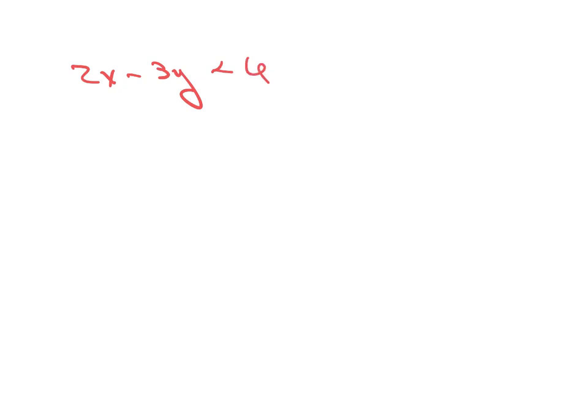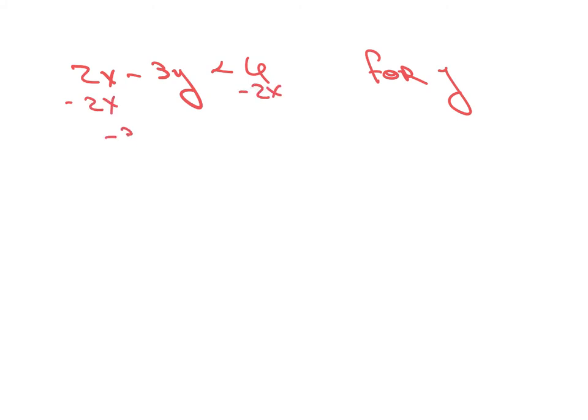And it's asking us to solve for y. So we're not coming up with what x and y equals. All we're doing is taking everything that's on the left except the y and moving it all to the right. So I'm going to subtract 2x.